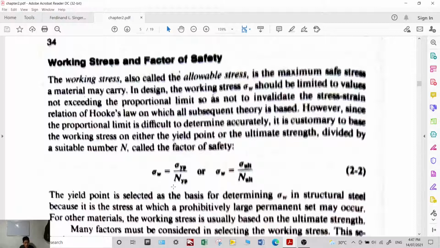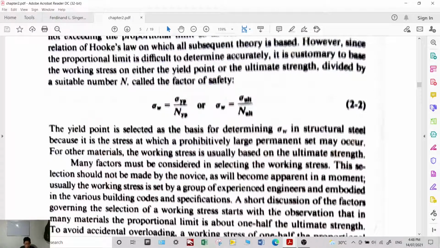For example, for a bridge, usually it is labeled with 5 tons, 20 tons capacity, but in reality that already has a factor of safety. So if the bridge has a factor of safety of 2, and the capacity posted is 5 tons, actually it can carry 10 tons.